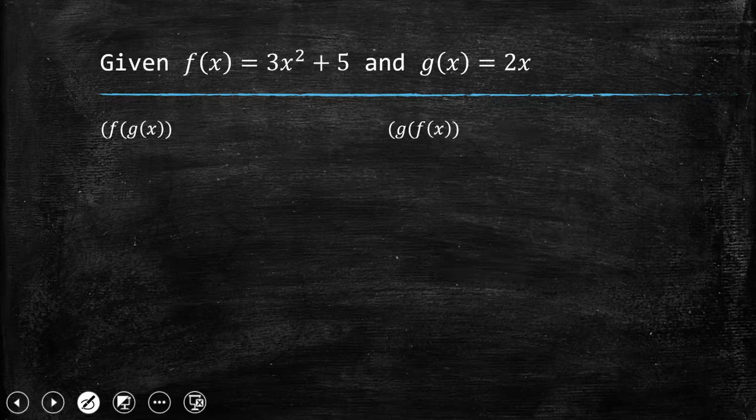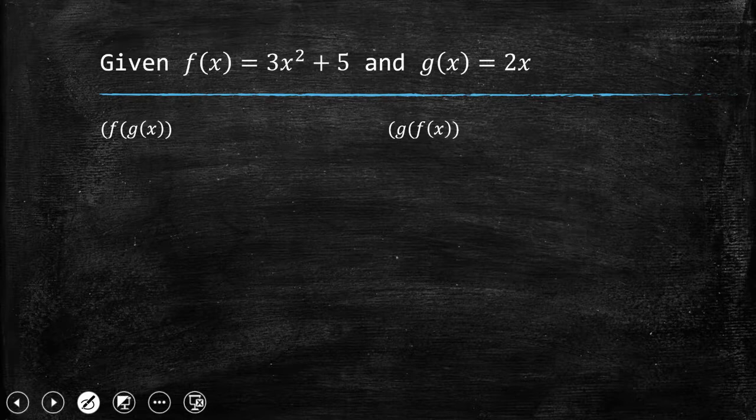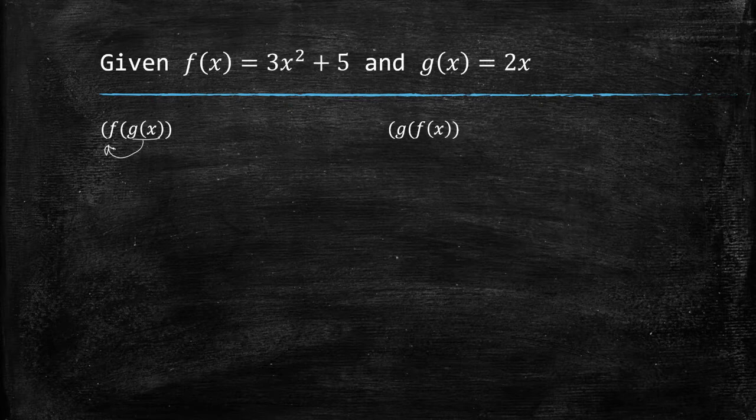The other thing you're going to need to do is find some composite functions. So finding one function inside of another function. Remember that you always start from the inside and work your way out. So this first one is telling me to take the g function and put it into the f function. So I'm going to take the f function, but I'm going to replace my x with my g.